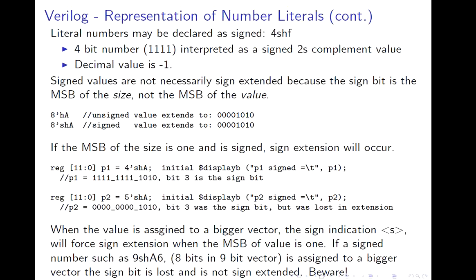And if the MSB of the number is 1 and that number is a signed number, then again sign extension will occur. For example, let's take a value that is going to be stored in a register of 12 bits. Now what is the value you're going to store? You are representing the value as 4'signed hex value of A.